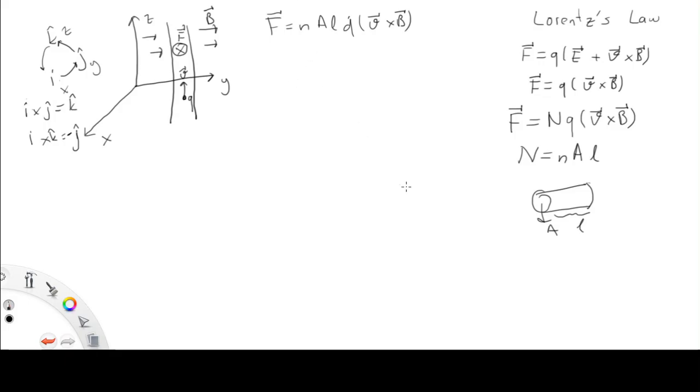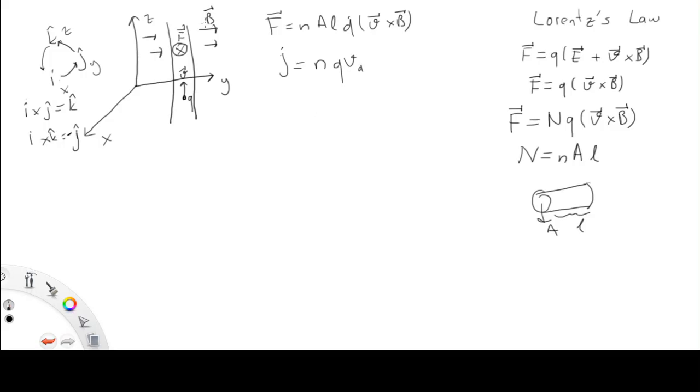Also we have a useful tool to further fit our equations into our experiments. Let's talk about the magnitude of the current density, which is given by J, which equals the number of the charge carriers per volume times the charge and their drift velocity.